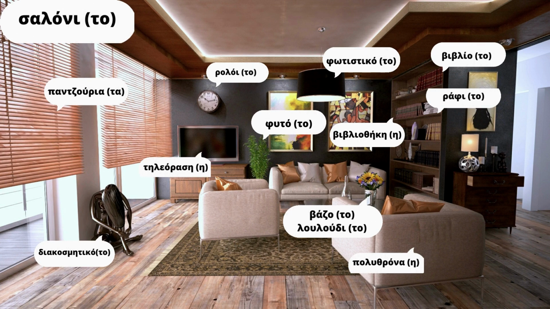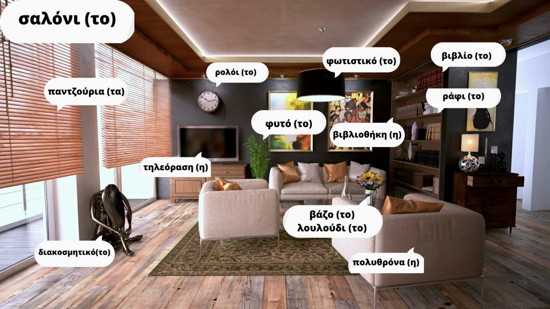So the word that contains all kinds of lights in Greek is called photistiko. To photistiko. You can again use the word ilamba. It's not a mistake. I just wanted to inform you about the existence of this word as well. So we have to photistiko.